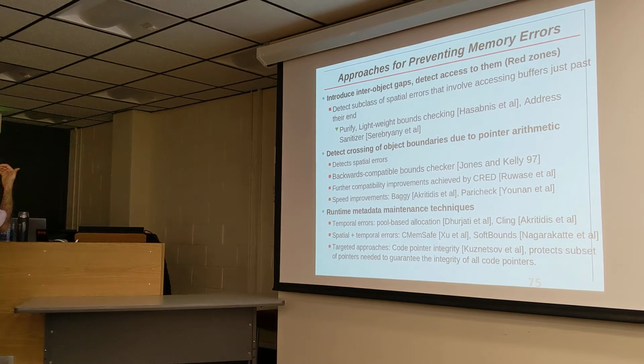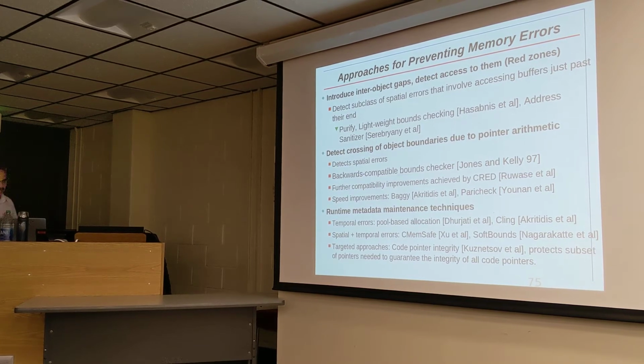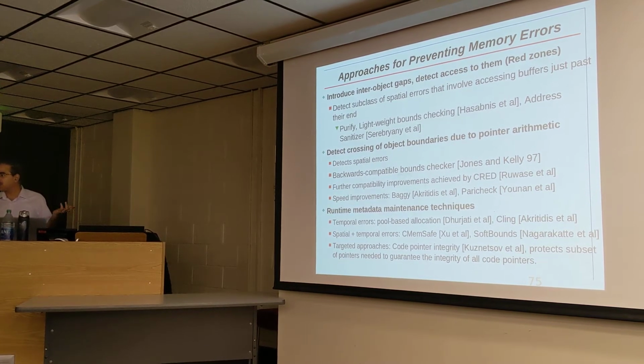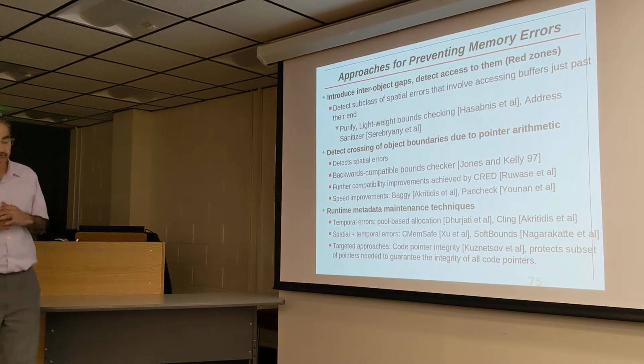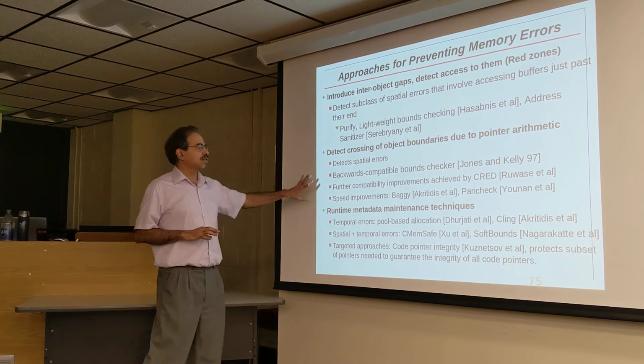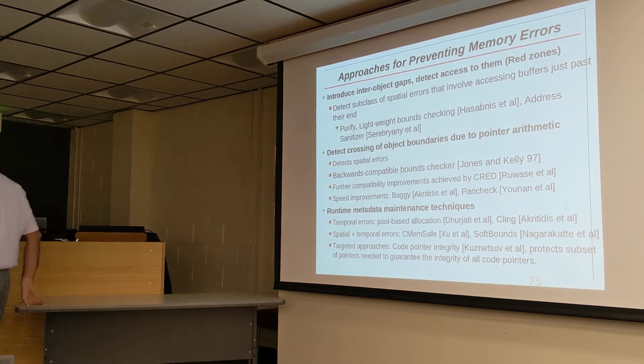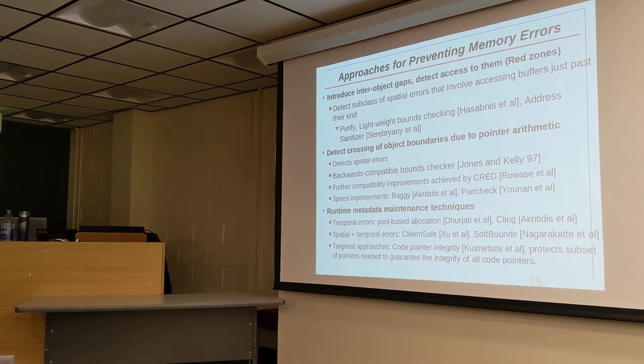Setting I to a value outside the array is not itself wrong. Only if you do a sub I after doing that, then it is wrong. But this one eagerly announces an error as soon as you set the pointer to outside the object. So it leads to some compatibility problems, and people have tried to make it better, but in the end, it's not a completely, fully satisfactory solution. So you still have some potential problems.